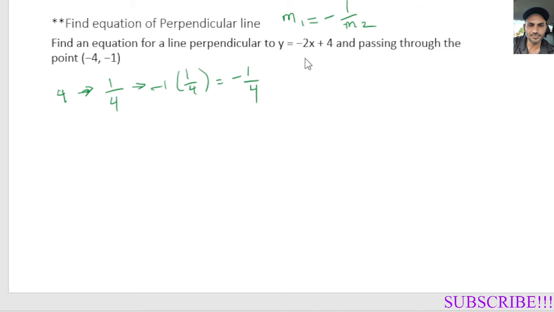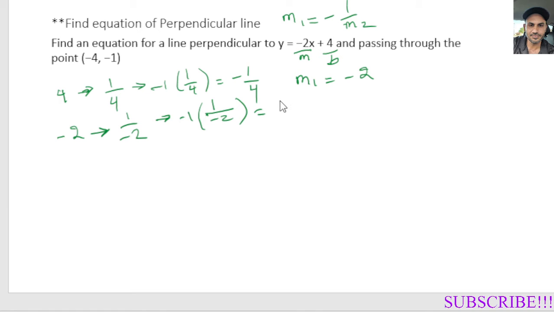So from the given equation, we know that the slope of this line is right here, -2, and this is the y-intercept. So the slope of line 1 equals -2. Now to find the negative reciprocal of that, we take -2 and flip it to find the reciprocal, so it becomes 1 over -2, and then we multiply it by -1, so this becomes 1/2.